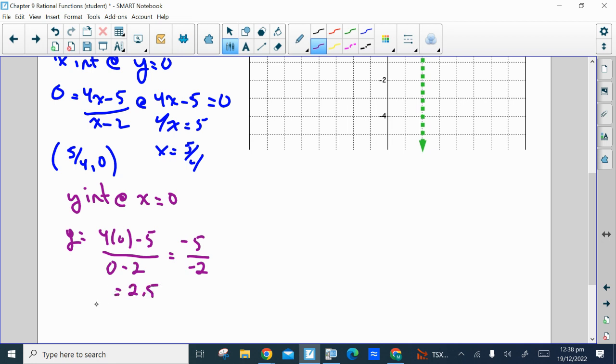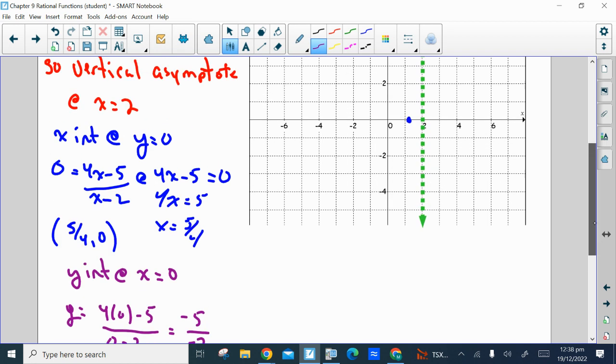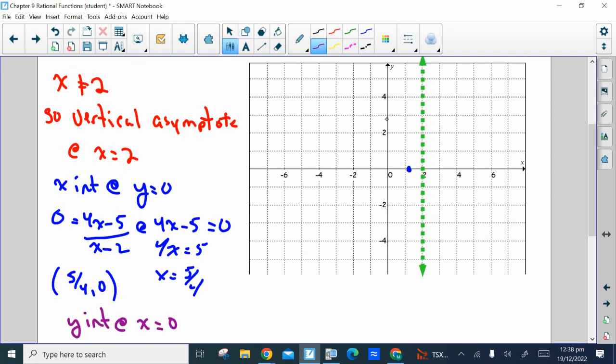That is our y-intercept. That is where x equals 0. So that is a point 0, comma 2.5. So that is approximately right there. That's all we know right now. Obviously, that's not enough to go on in order to draw this graph.